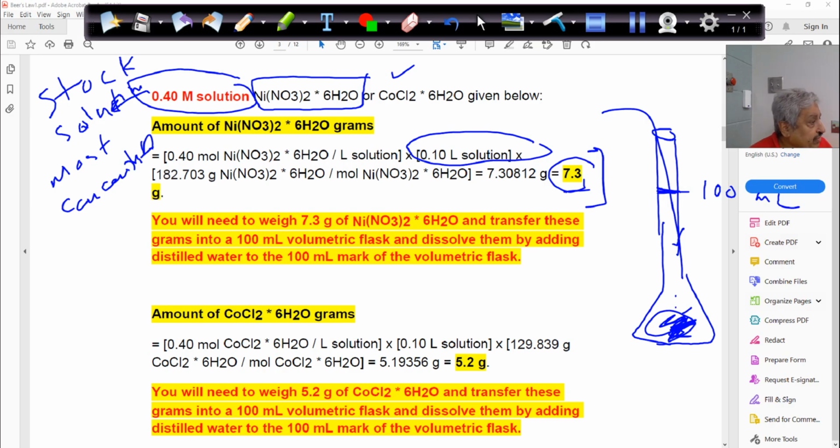If you have a lid to cover it, you can shake the volumetric flask back and forth to make sure all the nickel is dissolved, correct? And fill it up to the 100 mL mark. We'll do just the nickel nitrate. So that's the stock solution preparation.